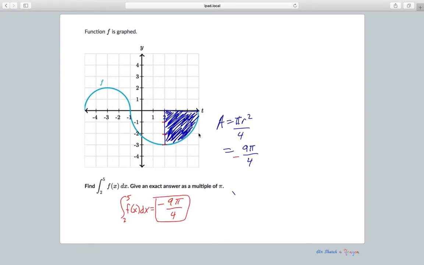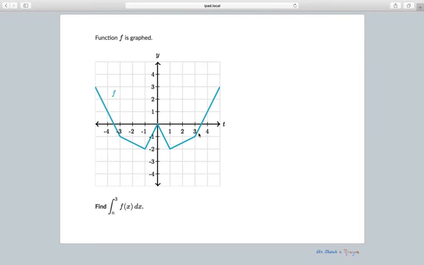All right, let's do another one. For this one, we want the integral from 0 to 3 of f of x dx. Again, we're just looking at negative area here. So there are a couple ways you can do this one. I'm going to say let's break it up into separate pieces.